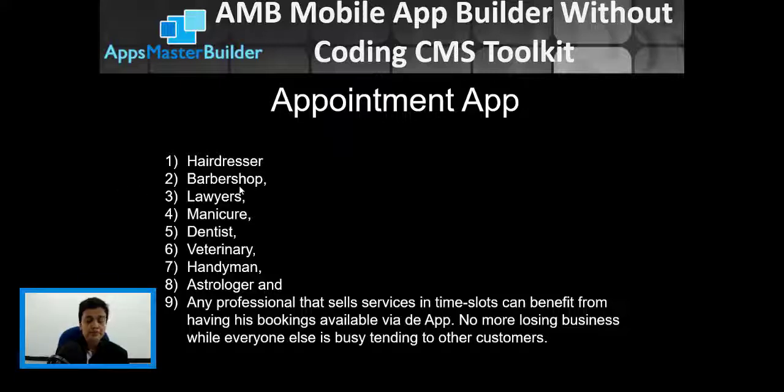You are a barber shop, lawyers, manicure, pedicure, dentist, veterinary, handyman, plumber, electricians, astrologer, and whatever profession that you are in, if you require appointments, you can build an app for that function, so that you enable your users to do appointments with you directly from your app.